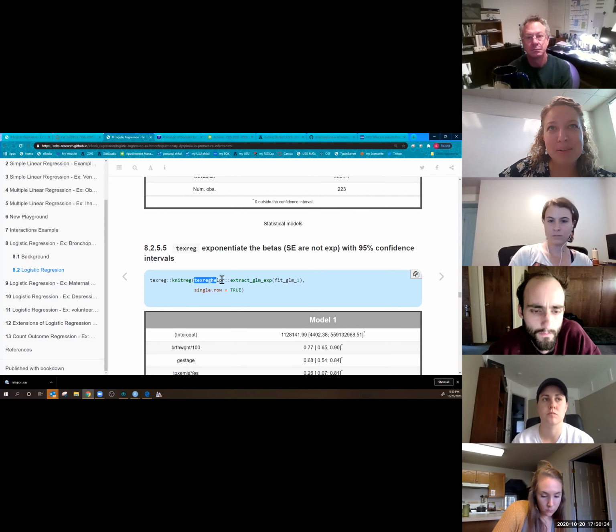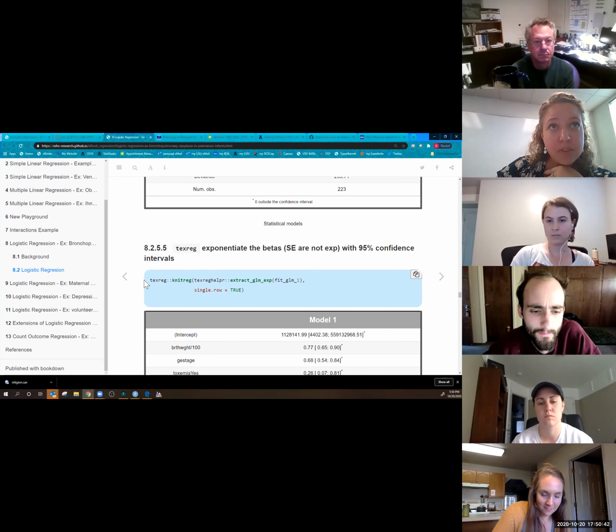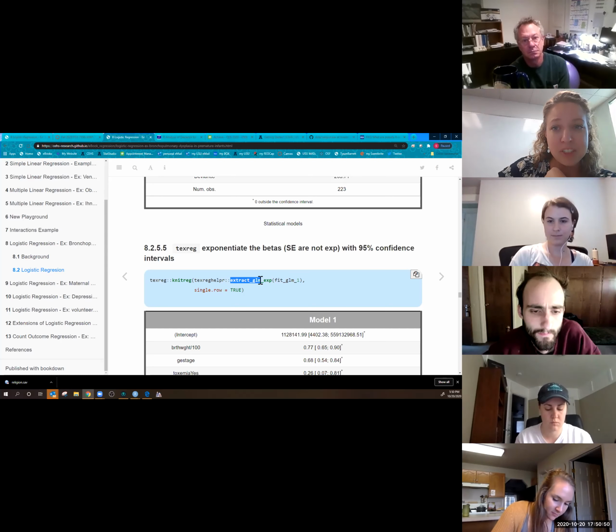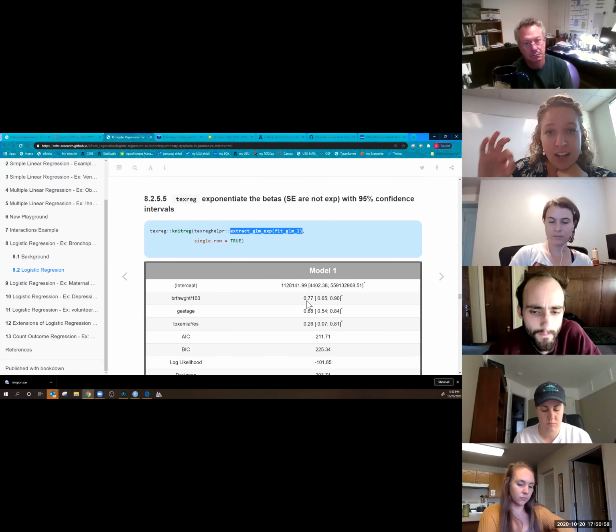And this is where my child package comes in, the TechReg helper. So inside of the knitter, TechReg knitreg, we're going to use the TechReg helper package. And this is my baby function, extract from a GLM by exponentiating, and give it the name of the model. This will then give you the odds ratio.